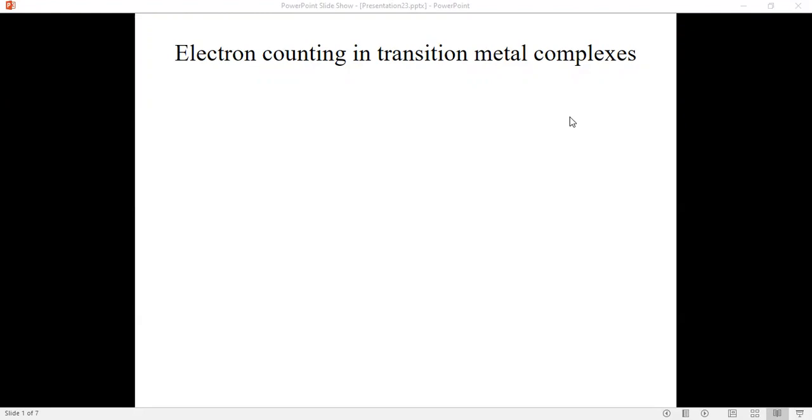Why can't we see anything on the screen here? I'm sorry, I'm having technical problems with the screen. I don't know what this is now about here.